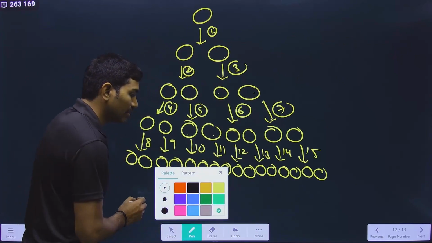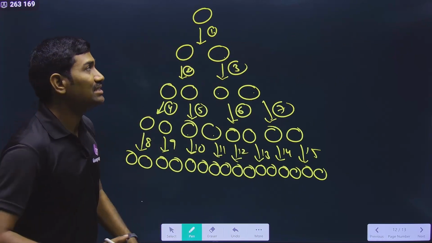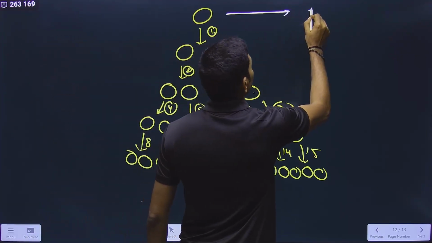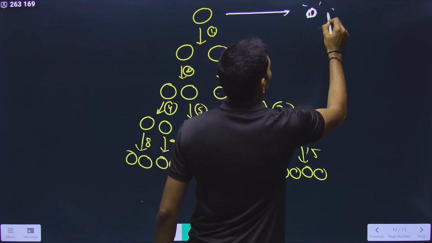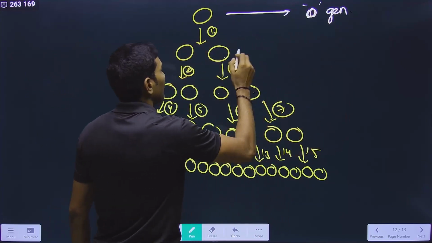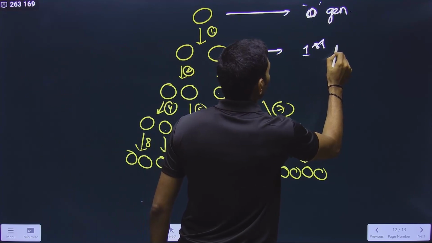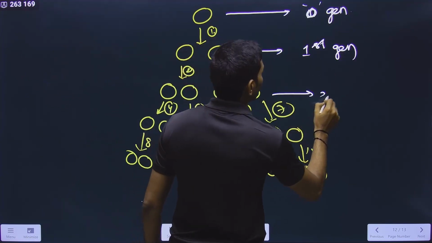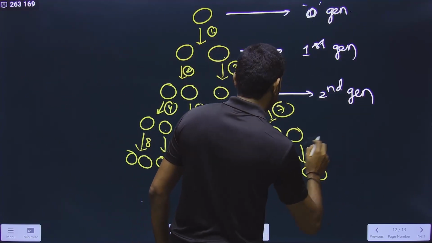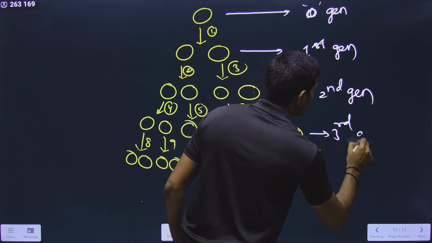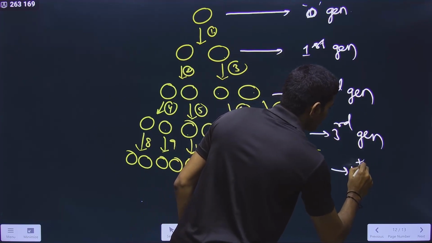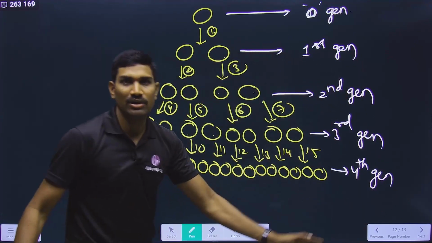Now we will talk about the number of mitotic generations. This is the 0 generation, the initial cell, right? This is the first generation, this is the second generation, this is the third generation, and this is the fourth generation. You can keep going like this.